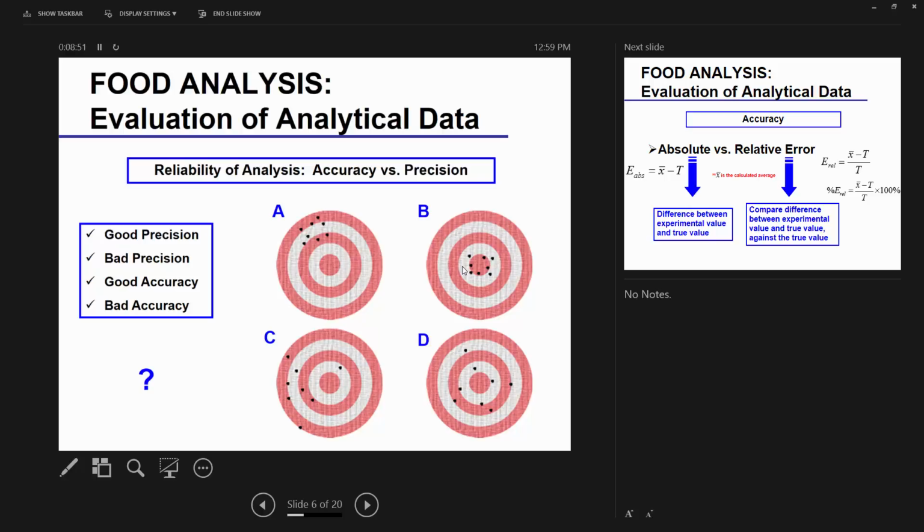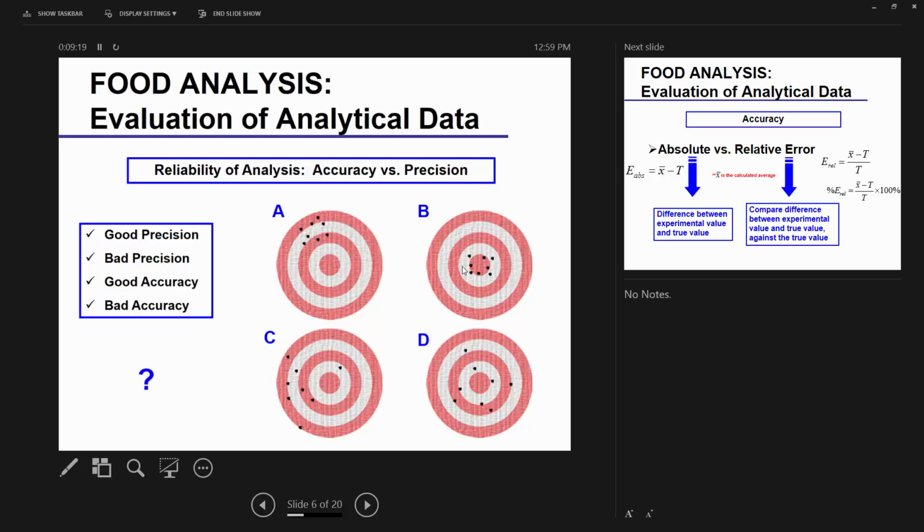Okay, I saw hands up here for the second one. Erica? Good precision and good accuracy. Perfect. C? Agnes? Bad precision and bad accuracy. That is terrible. Whoever did that is horrible. Okay, what about D? Claire? Good accuracy, bad precision. Yes, good accuracy, bad precision.